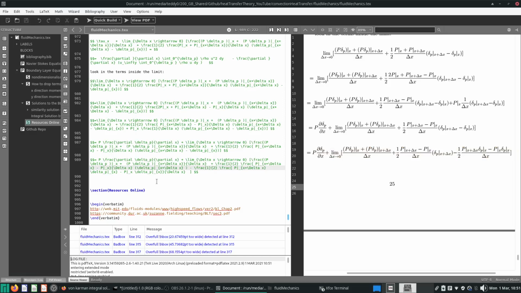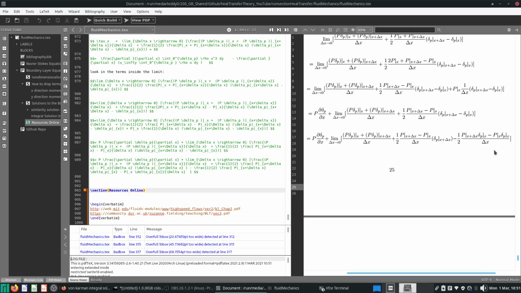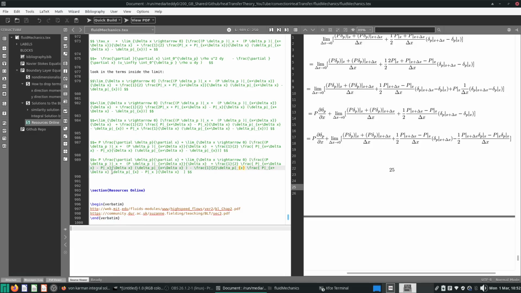Now hope you can see what's going on. We have this t delta x, and okay, maybe I don't do it like that. It's a bit hard to see. Let's do this. We'll just do it this way.